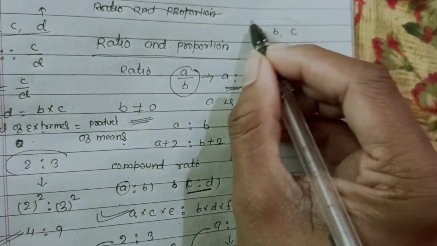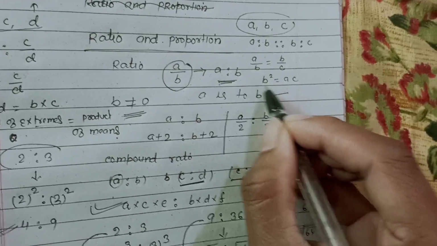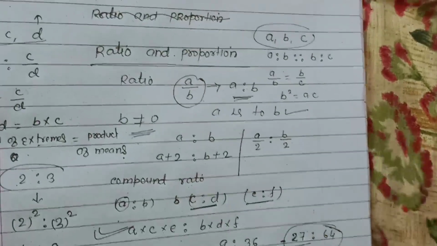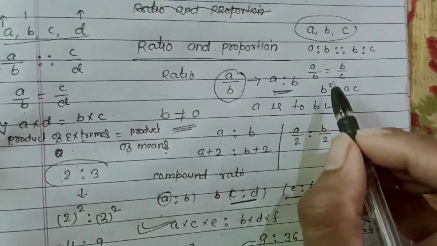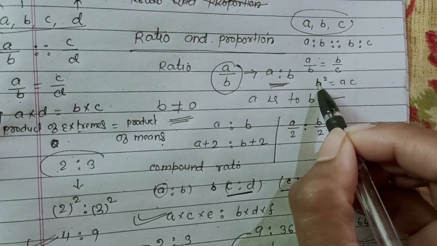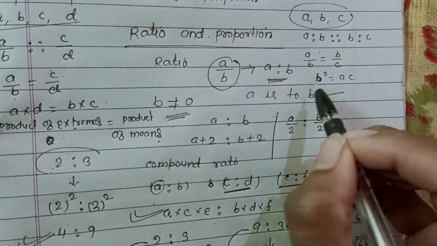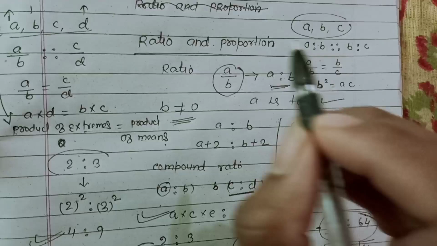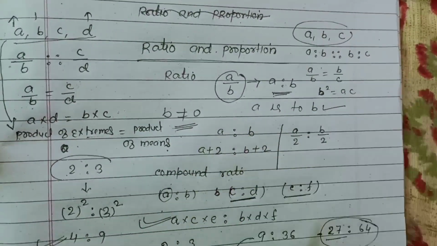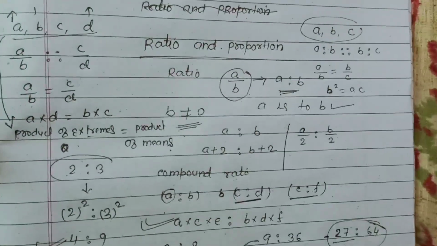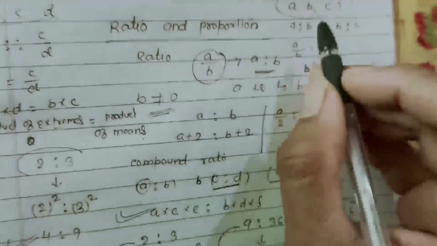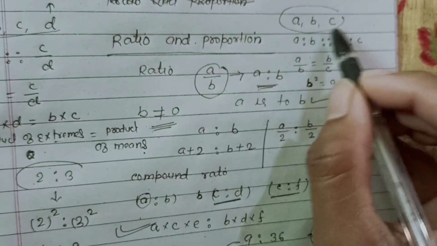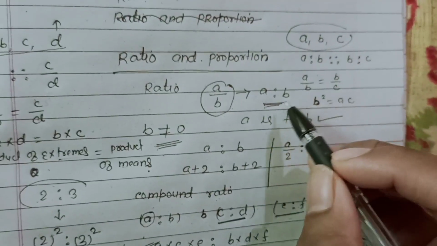Whenever the given quantities are in continued proportion, then B square must be equal to AC. Okay? Students, you have to remember it. B is the mean proportional between A and C, and C is called the third proportional. Okay?